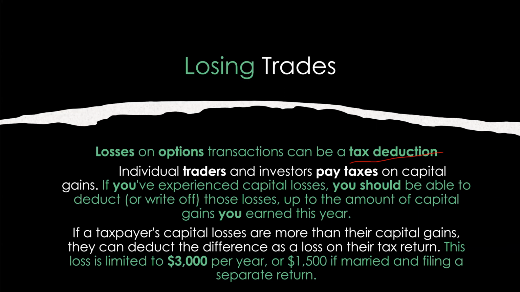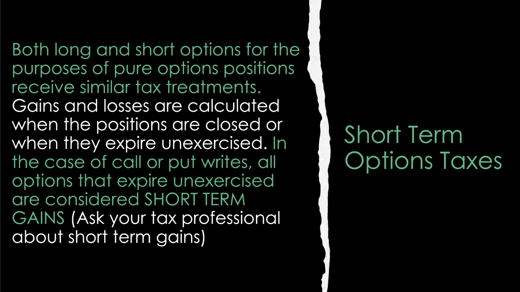So if a taxpayer's capital losses are more than their capital gains, they can deduct the difference as a loss on their tax return. However, unfortunately, that capital loss is only $3,000 per year, or $1,500 if you're married and filing separately. So you can only deduct up to $3,000 of those losses, but a $3,000 deduction is substantial. That's nice. It definitely is going to pull your taxable income down heavily, which is good.